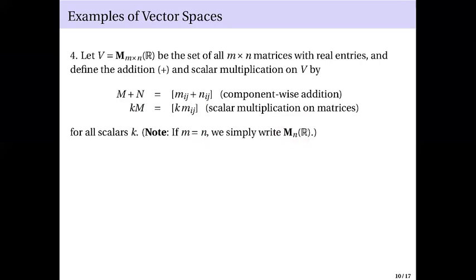The notation here only tells you that the entries must come from the set of real numbers. If I remove that, since we are only talking about real vector spaces, I'm still using this guy here.